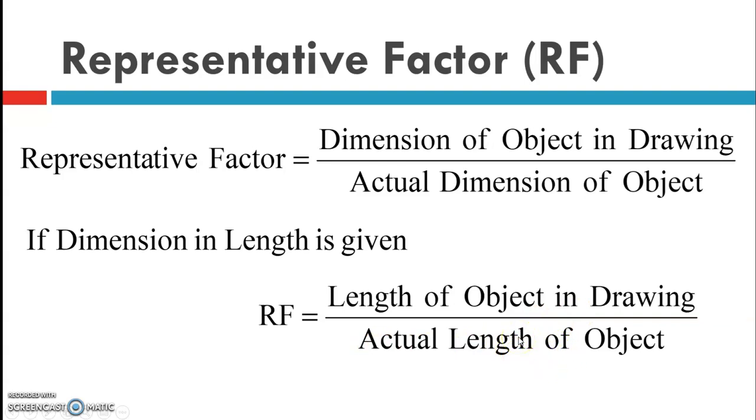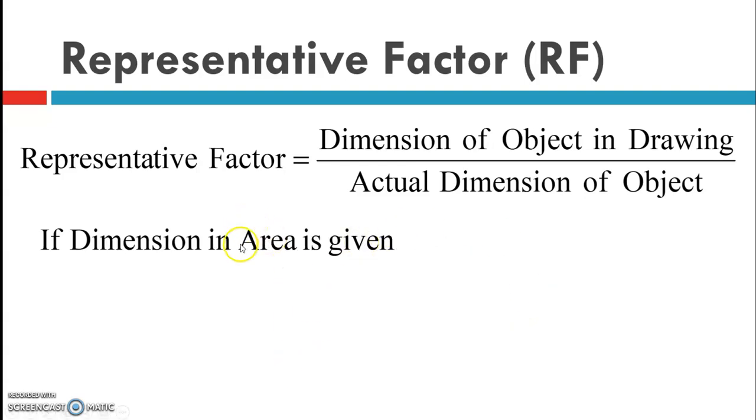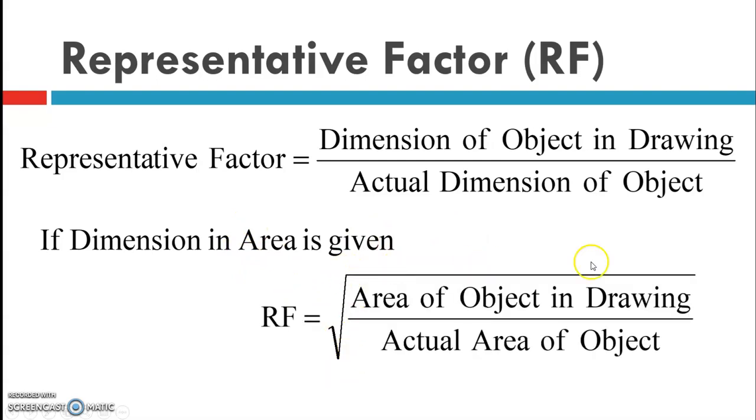Now the next case, if the dimension in area is given, then the equation for the RF is under root area of object in drawing divided by actual area of object. So if in your numerical the dimensions are given in area, then we have to find RF using this equation.